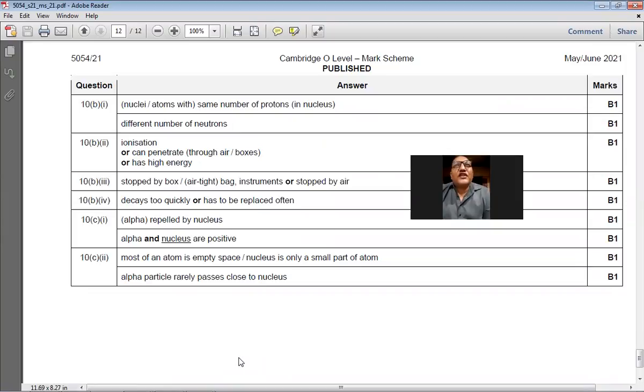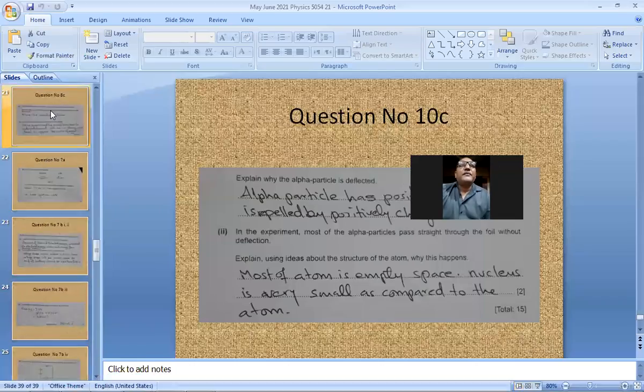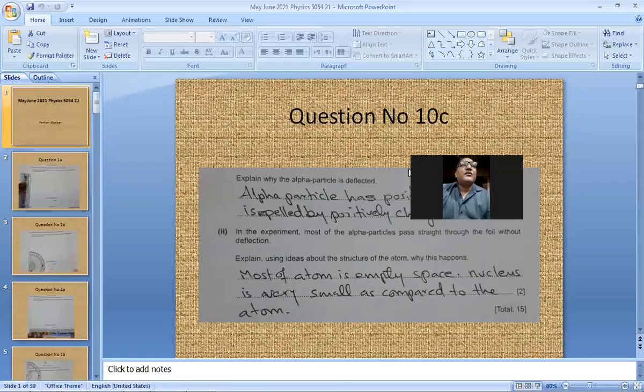It is very important to always check the marking scheme. For example, I wrote that most of an atom is empty space. The nucleus is only a small part of the atom. So alpha particles rarely pass close to the nucleus. That's why most of the alpha particles went straight. So add this sentence in your answer. That's it for today.